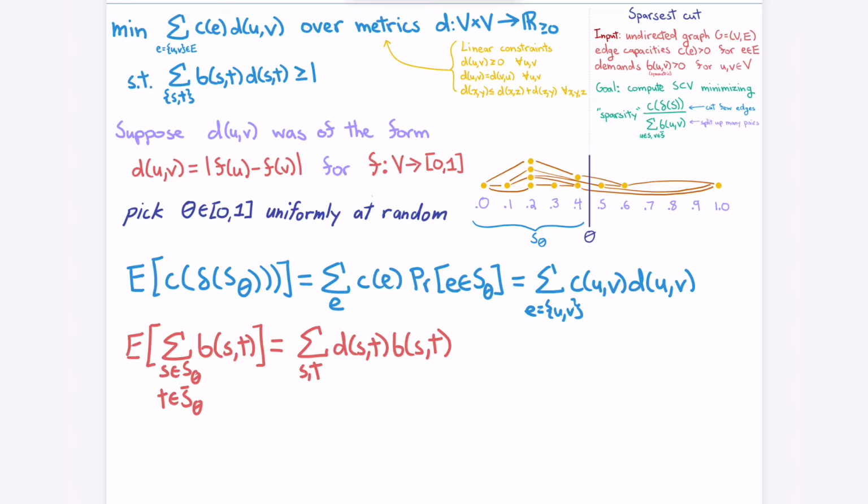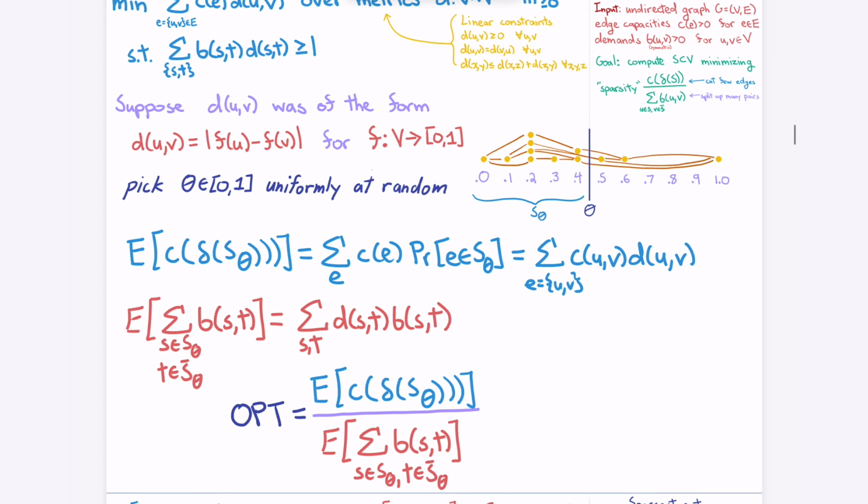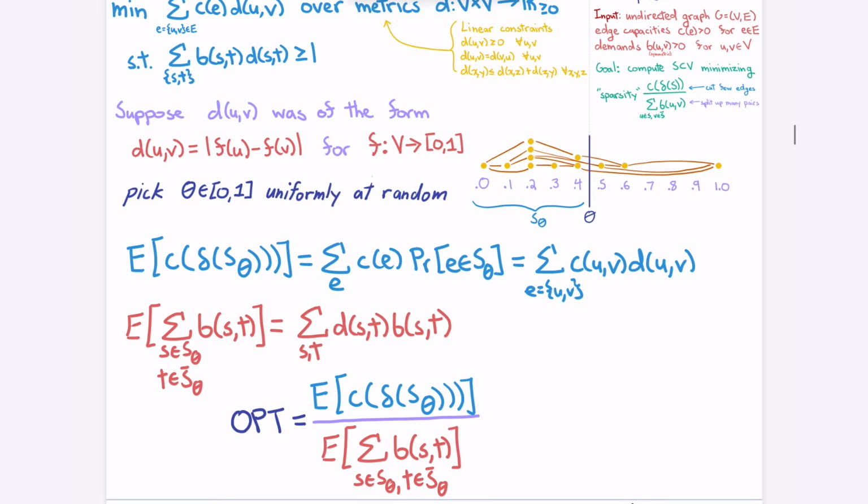Now, this is good, right? To some level. What have we shown? We know that this divided by this, the two right-hand sides, is opt, the original LP opt.